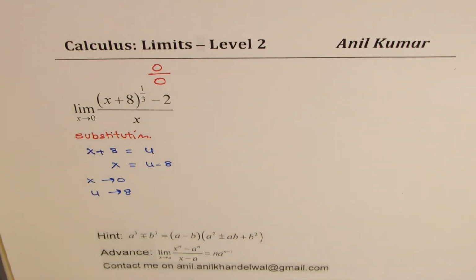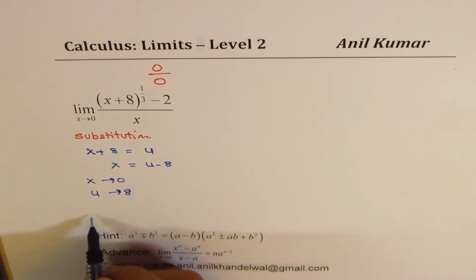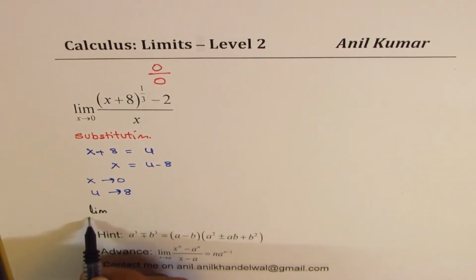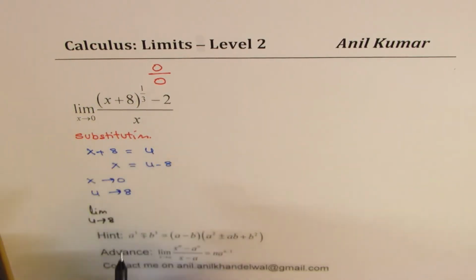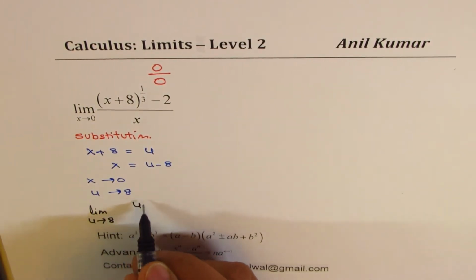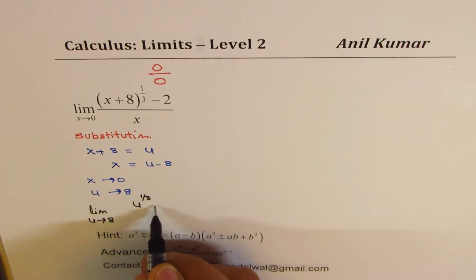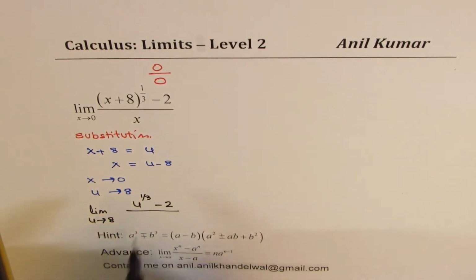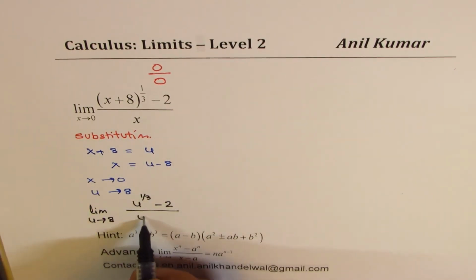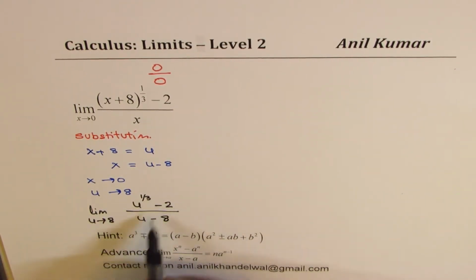And therefore, I could rewrite this question as limit u approaches 8. Substituting x plus 8 as u, we get u to the power of 1 over 3 minus 2 over x is u minus 8, correct? So that becomes your question to be solved.